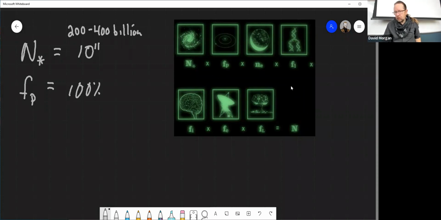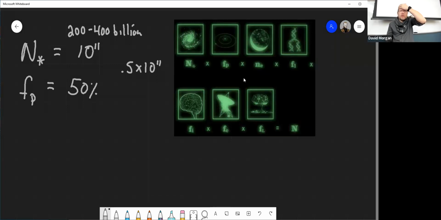But let's be a little more reasonable, and let's say it's definitely more than 50%. So if I'm trying to be conservative, I'll say 50%. So our running total is 0.5 times 10 to the 11th, a half times 100 billion, or 50 billion planetary systems in our galaxy.